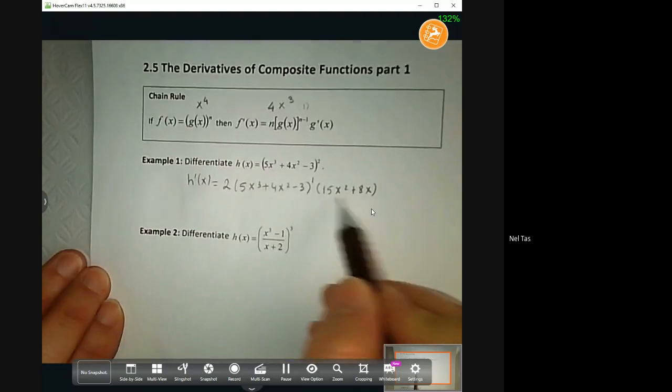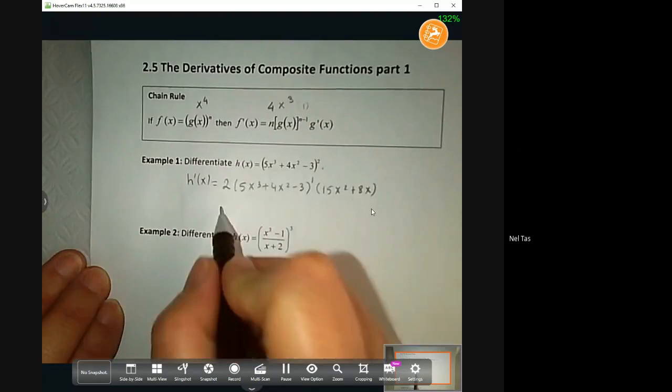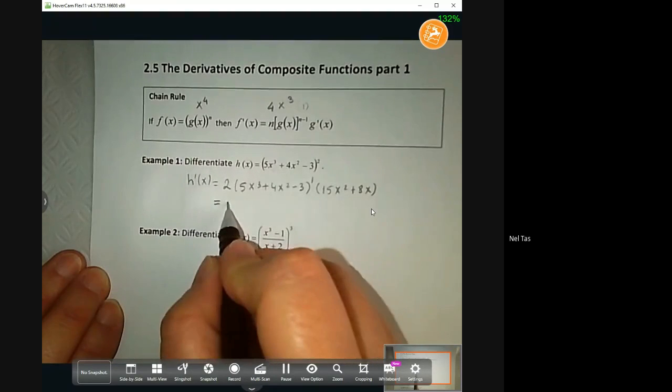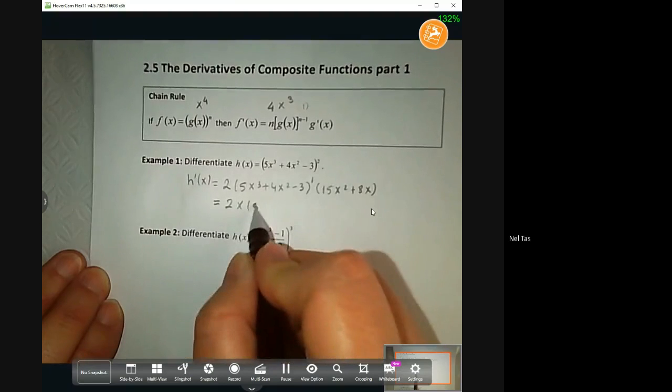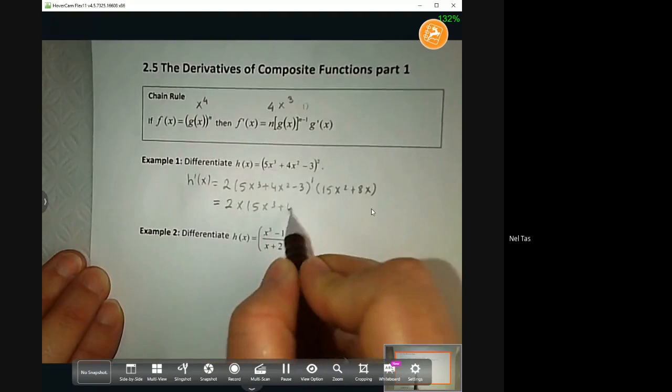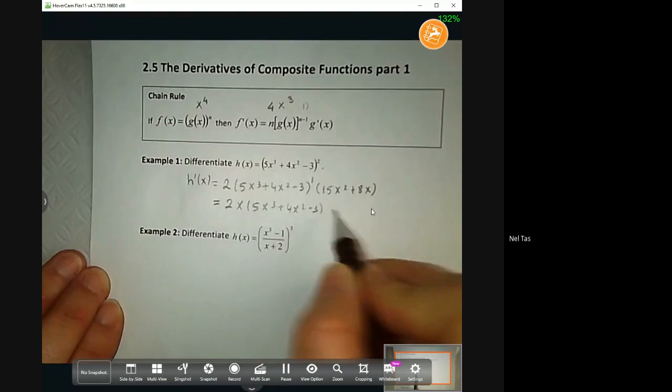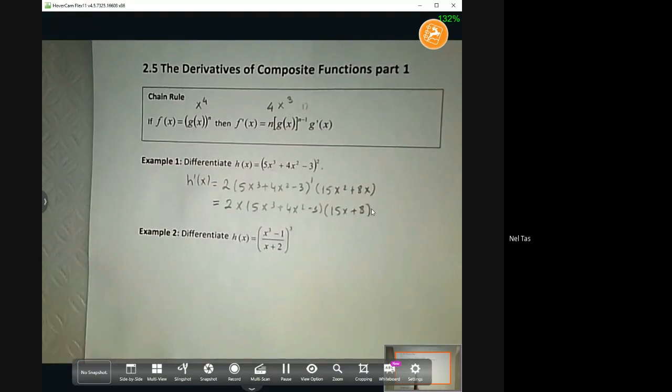Now you see that x is a common factor in the second bracket, so 2x, 5x cubed plus 4x squared minus 3, times 15x plus 8. Again, everything must be in factored form at the end.